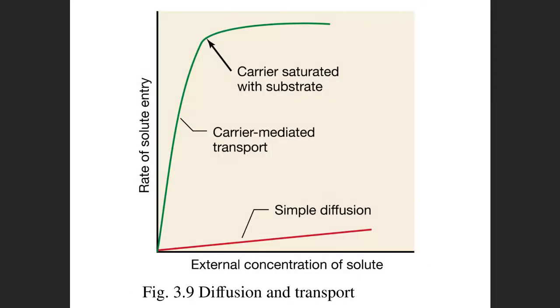And if you look at a transport versus non-transport system, you can look at how efficient the molecule actually gets through the membrane. So this axis, the X, is the external concentration of solute.